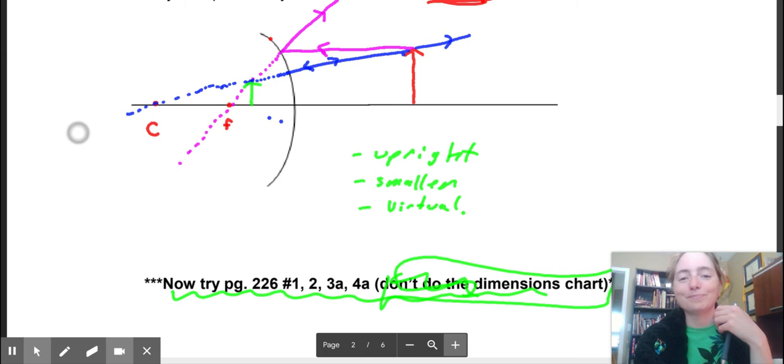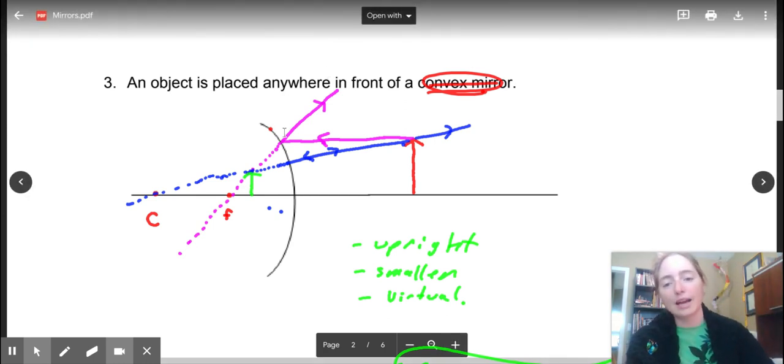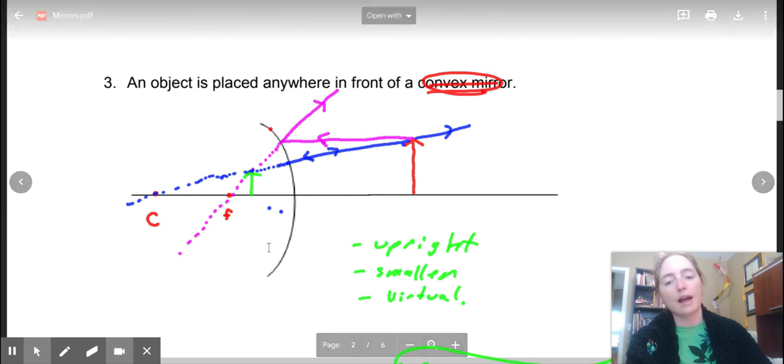All right. So when we look at our ray diagrams here, ladies and gentlemen, what you can see is that all the images that we drew for our convex mirror were all virtual images. Okay, as our light rays are all scattering off that way.